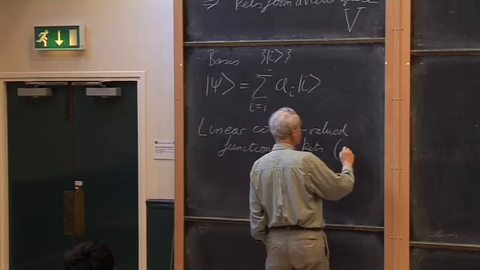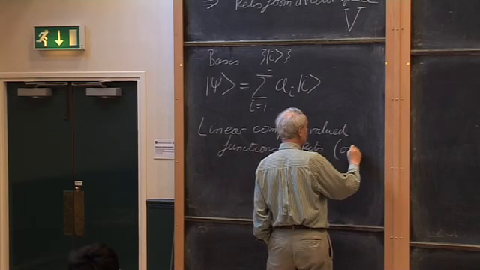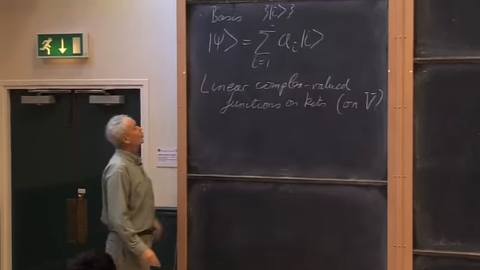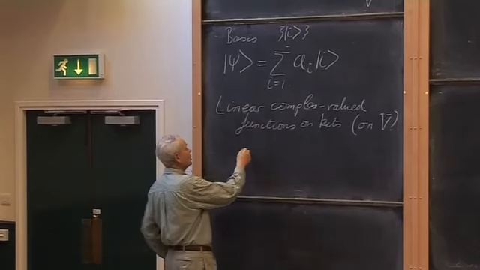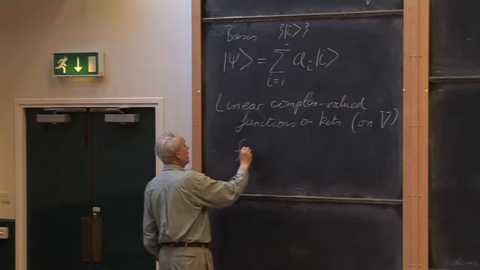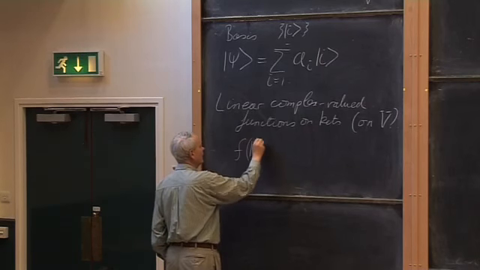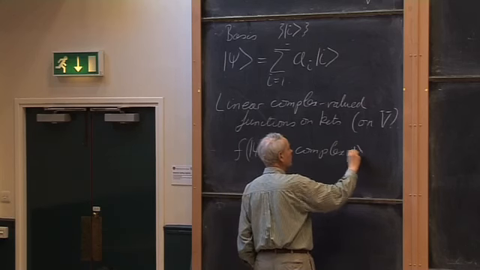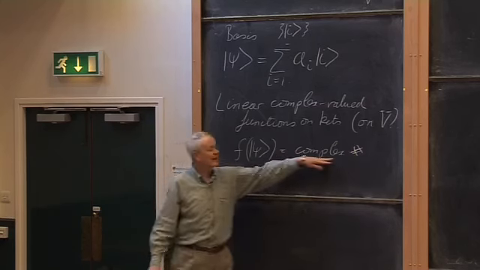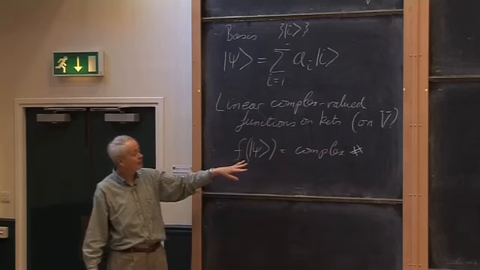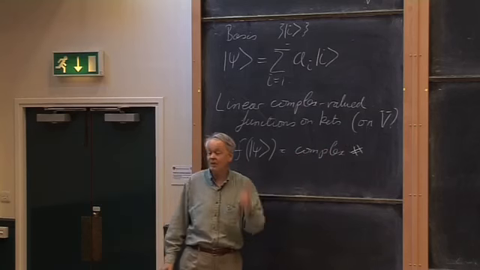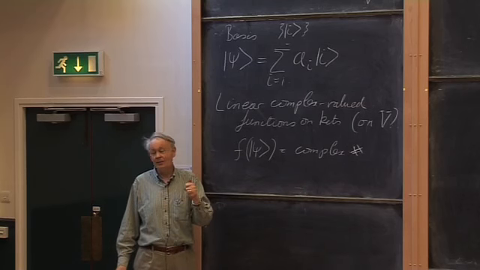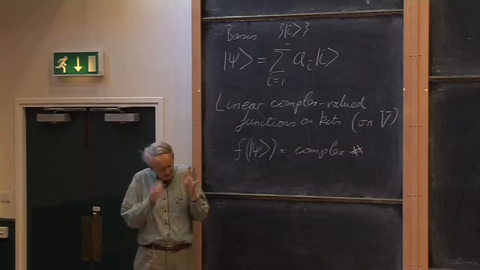A mathematician would say functions on V, functions on the elements of V. Traditionally you would say, okay, f of psi is a complex number. The complex number in question is going to be the amplitude. The reason why we care about these functions is because these complex numbers are going to be the all-important amplitudes for something to happen, for something to be measured, right?